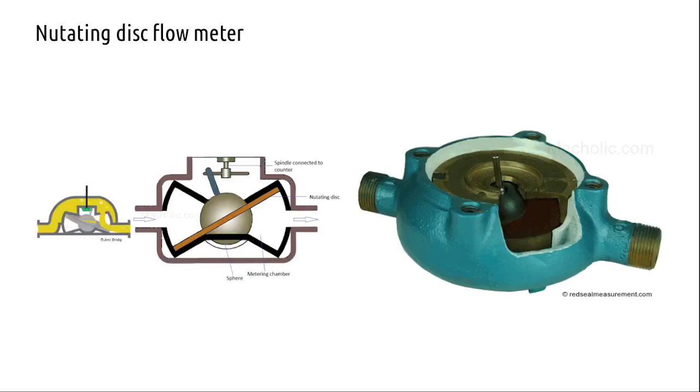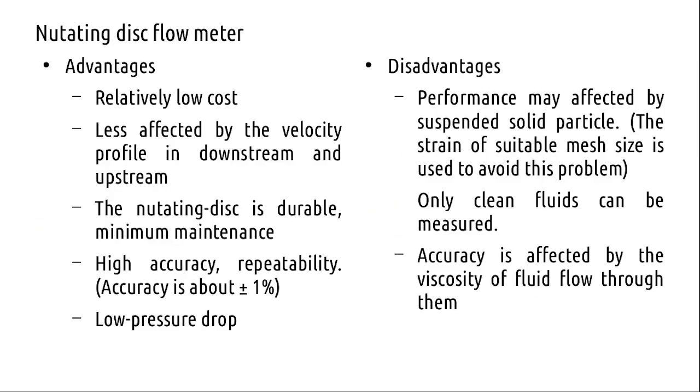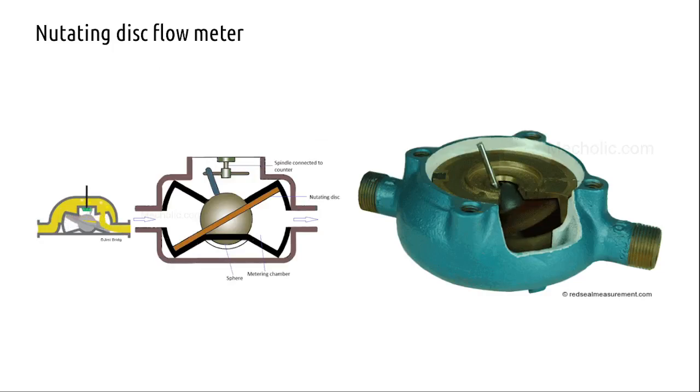If you see the diagram, that will be much clearer. So this is your disk which is mounted on a sphere, and through the axis of this sphere you will have a spindle or a rod, you can say, and that rod is going to be touching.